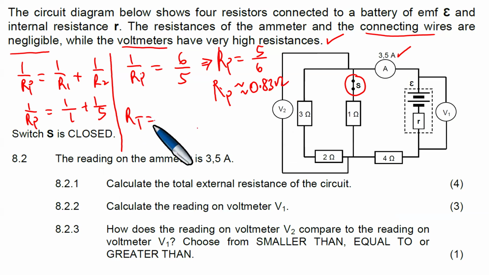Which means that we have R total equals 0.83 plus. Okay, so this is for the parallel ones. Remember, these other ones are in series, the 3 and the 2. Anyway, you got that right. So now you're going to add the 4.